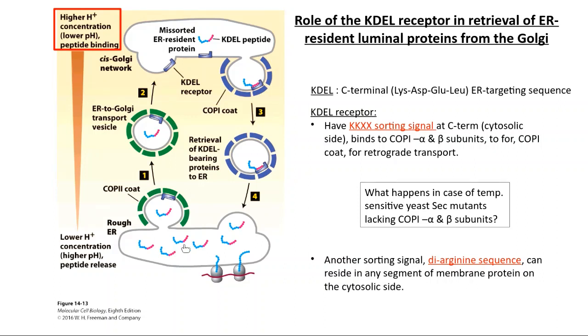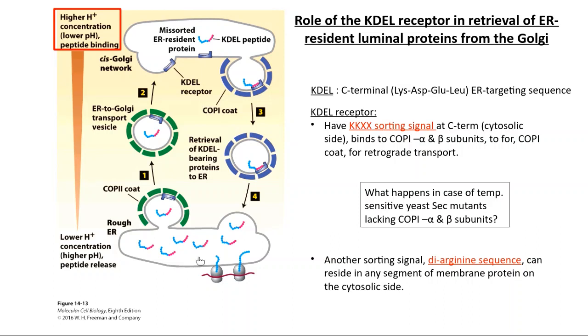Okay, these are associated with the protein, right? Or the peptide. These peptides are basically luminal proteins. Okay. So ER luminal proteins means they are supposed to stay inside the ER all the time. They are not supposed to get into secretory mode and get outside. They're supposed to stay inside the ER.